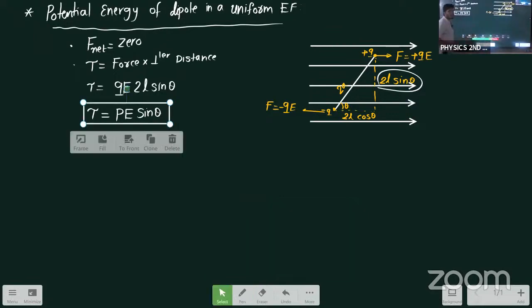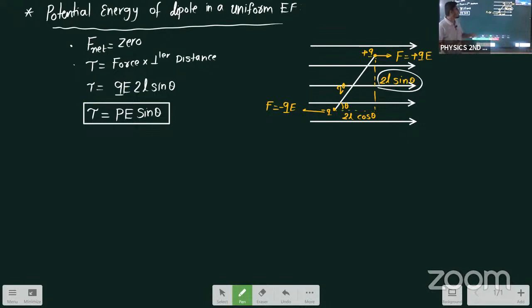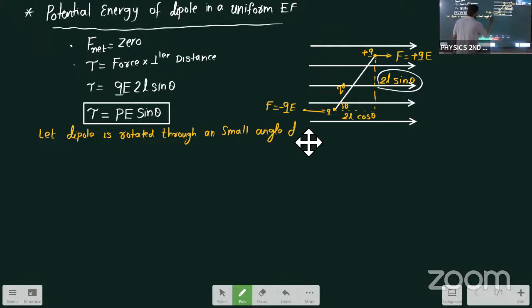Now we are going to continue. Let us assume that we make the dipole rotate through a small angle d theta.